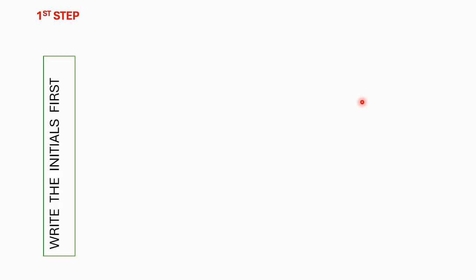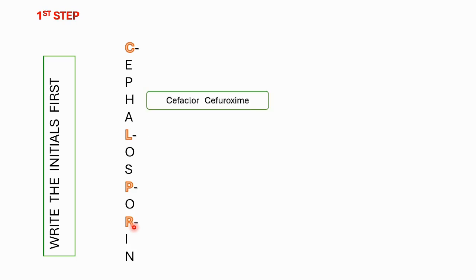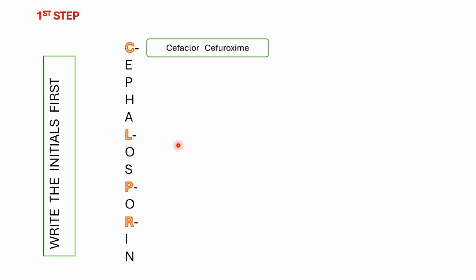So the first step is we write the initials. So we write C, E, P, H, A, L, O, S, P, O, R, I, N. And now note the bold letters, which are C, L, P and R. So C stands for cefaclor and cefuroxime.